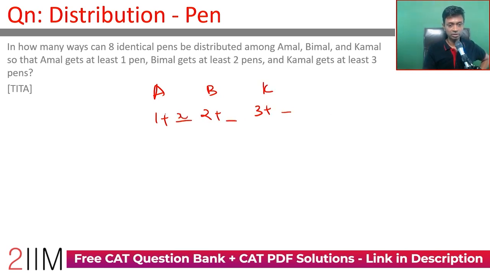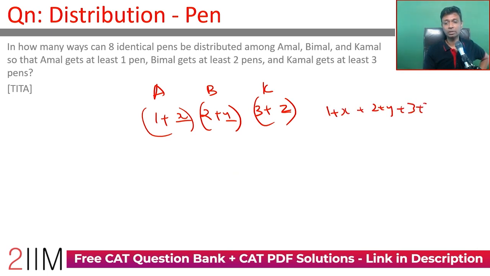And let's say 1 plus x, 2 plus y, 3 plus z. Right, so 1 plus x plus 2 plus y plus 3 plus z equals 8, or x plus y plus z is 8 minus 6, which is 2. And x, y and z have to be whole numbers.